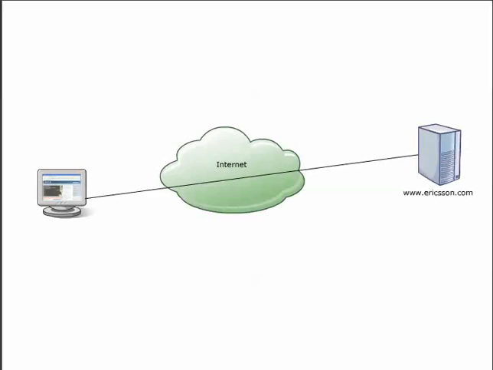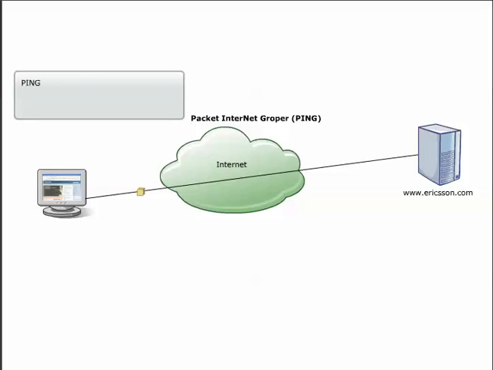Before we establish contact with the desired host, we have to find out if it is reachable. In an IP network, this can be performed with a special software tool called Packet Internet Groper, PING. The PING simply sends out a ping packet and waits for the response. If it is up and running, the destination host will respond.